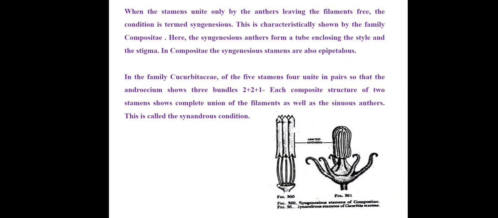If you have any question or query, please reply or WhatsApp me so I can clarify it. With this we have completed the morphology of the flower, starting with the calyx, then the corolla, and then the androecium.